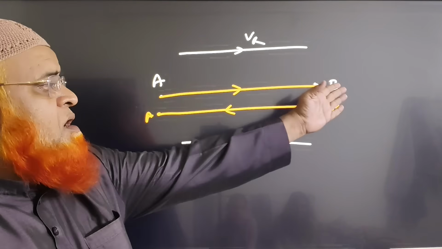Downstream you write Vb plus Vr, plus upstream you write Vb minus Vr. Understood? Okay. For example, I will solve a problem. I will give it in the form of a problem. There is a previous year question. What is the problem here?